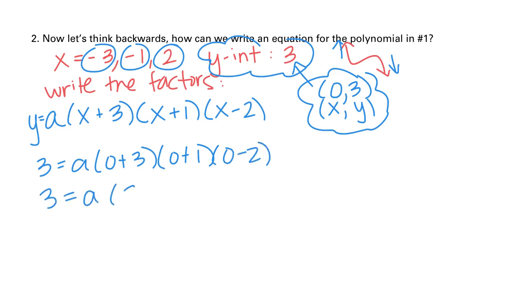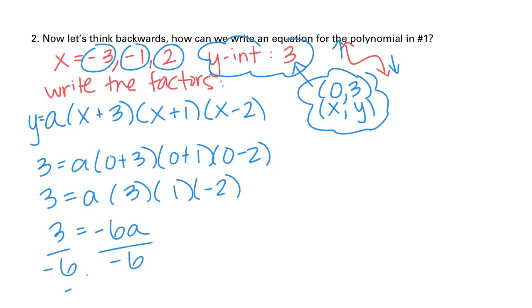This is a times 3 times 1 times -2. 3 times 1 times -2 is -6. So a times -6, I'm just going to rewrite as -6a. And then I still want to solve for a, so I'm going to divide both sides by -6. -1/2 is a. And that makes sense for this end behavior.